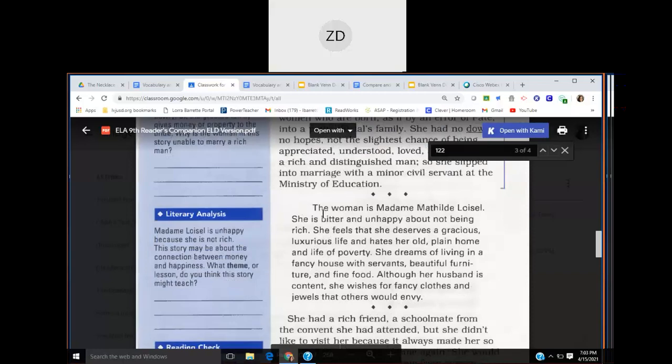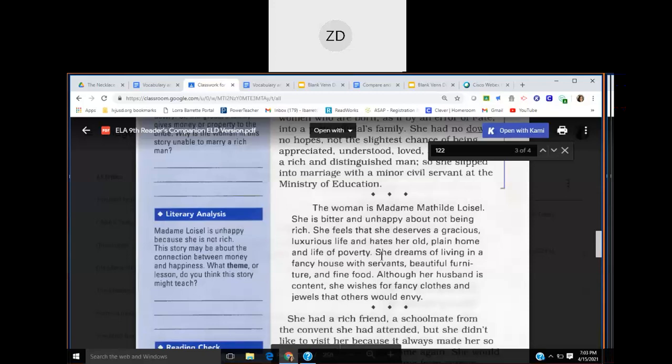The woman is Madame Mathilde Loisel. I know. She is bitter and unhappy about not being rich. She feels that she deserves a luxurious life and hates the old plain house, a life of poverty.